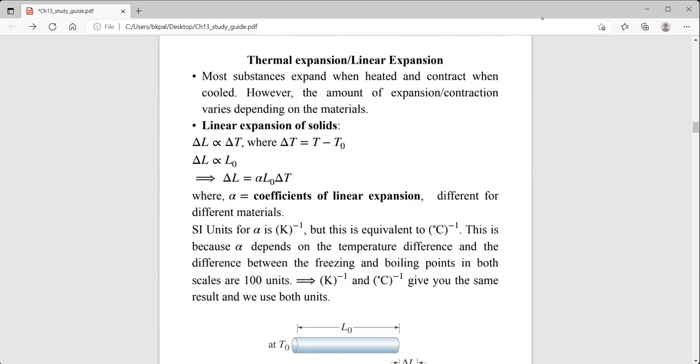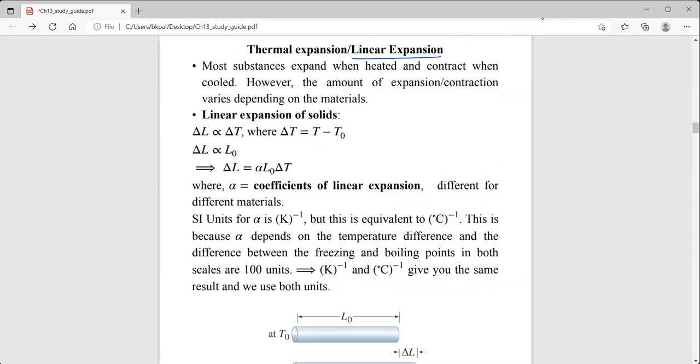Here we are going to learn two quantitative equations. One is linear expansion. Although it's called linear expansion, it could be linear contraction also. And in the next slide, we are going to learn about volume expansion or volume contraction.